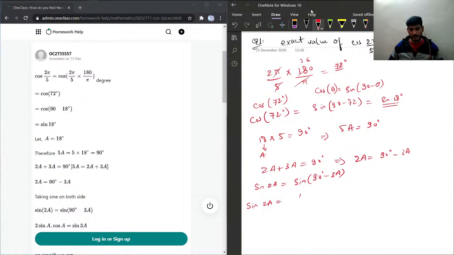Sine 2A will be sine 90 cosine 3A plus cosine 90 sine 3A. Cosine 90 is 0, so I will get sine 2A as cosine 3A because sine 90 is 1.